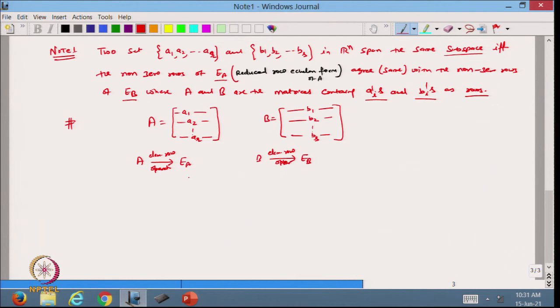Then it says that if EA is equal to EB, if you look at non-zero rows, so it is talking about only non-zero rows.